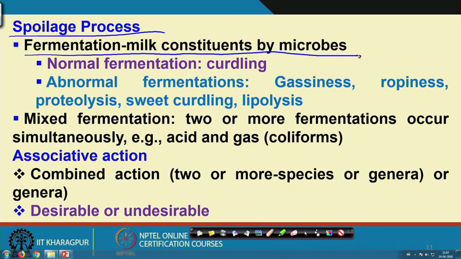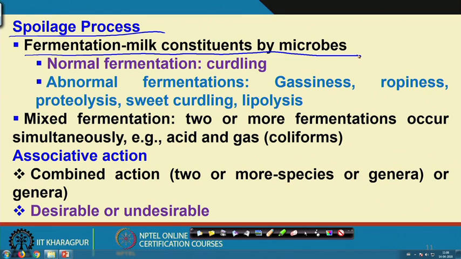Then there could be some proteolysis, that is protein degradation, or some sour curdling or sweet curdling, and also lipolysis. So, one is normal fermentation, that is curdling, another is abnormal fermentation causing gasiness, ropiness, proteolysis, lipolysis, sweet curdling, all this may happen.